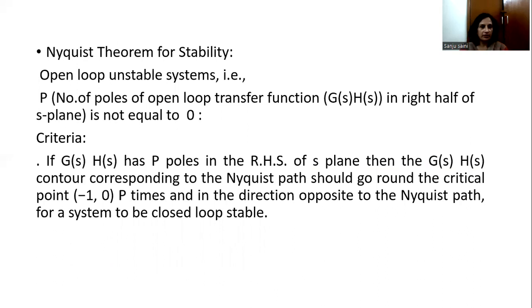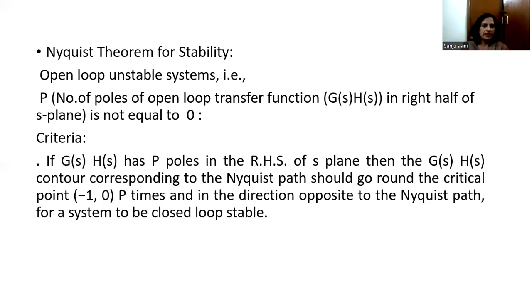Now, for closed loop stability of an open loop unstable system, it means that certain poles of the open loop transfer function lie in the right half of the S plane. How do we ascertain whether it will be closed loop stable or not? If the net encirclement of the Nyquist path around the point minus 1 plus j0 is equal to the total number of right half poles of the open loop transfer function, then the system will be closed loop stable.